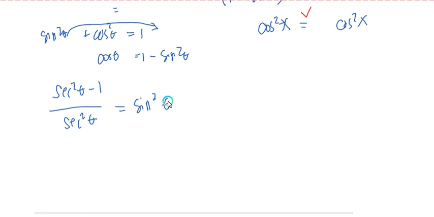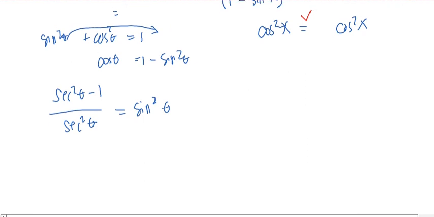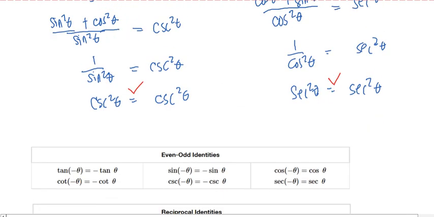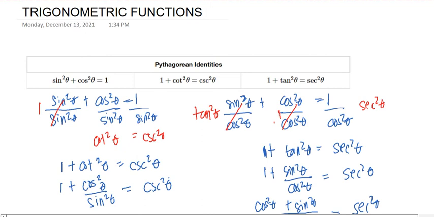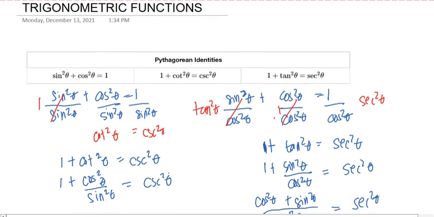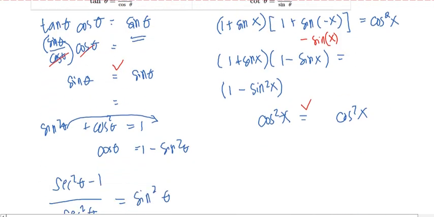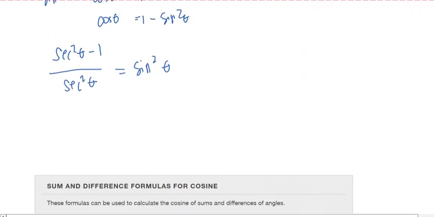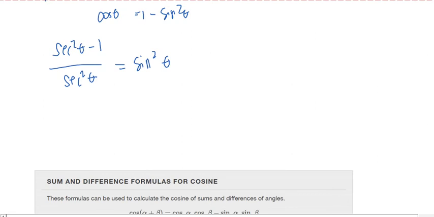So we have to start with the complicated part of our equation. We have secant squared in our equation. Secant squared is equal to 1 plus tangent squared. So we substitute it with tangent squared plus 1.